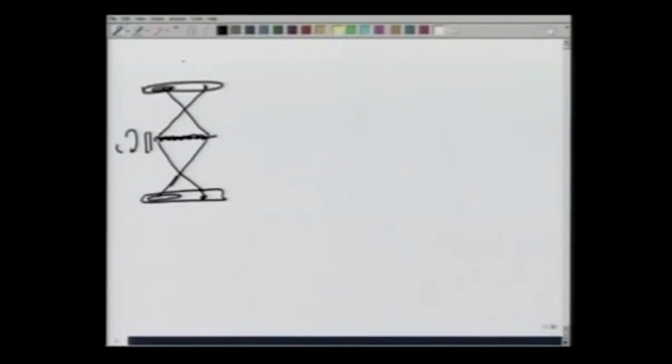One of them can move in the slot and the other one is fixed. The question that we ask is, if there is a load W on this jack, what is the minimum torque C that is needed to lift this weight?